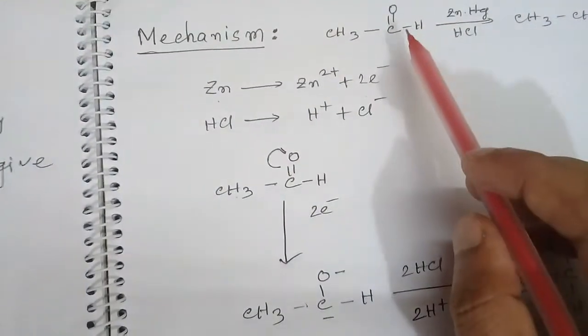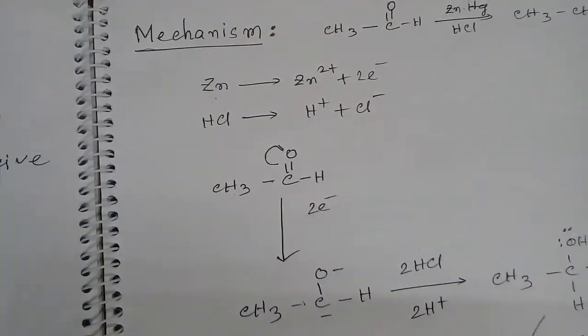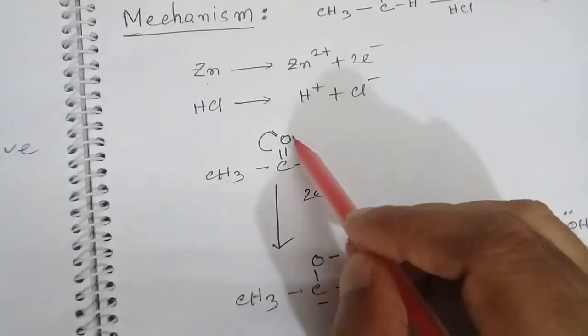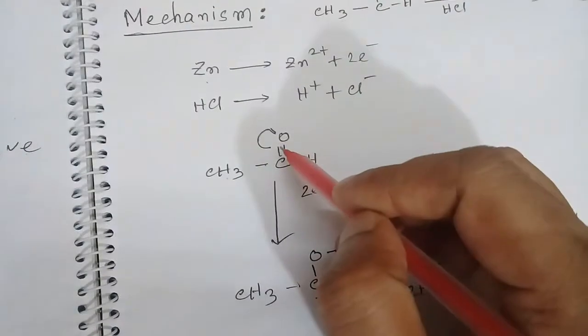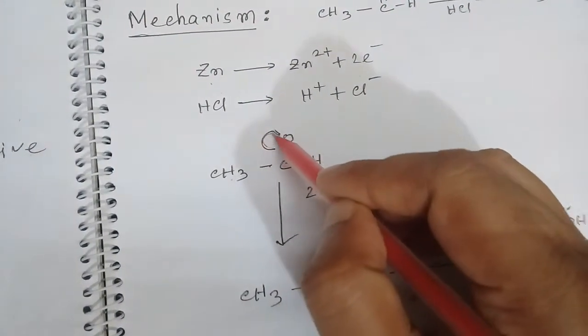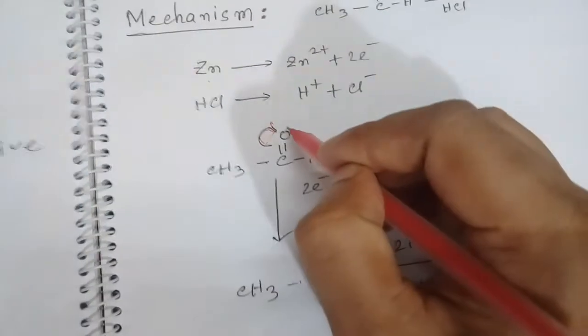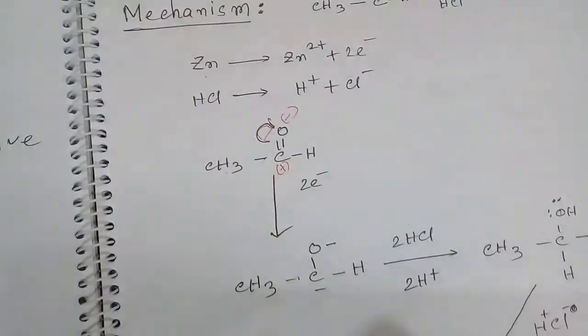As in the case of this reaction, ethanal is present, so a C=O bond is present. As oxygen is a highly electronegative atom, oxygen will try to pull the electrons towards itself. So oxygen will be negatively charged and carbon will be positively charged.